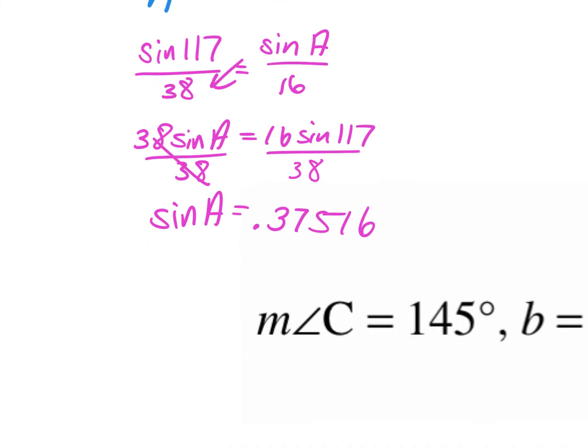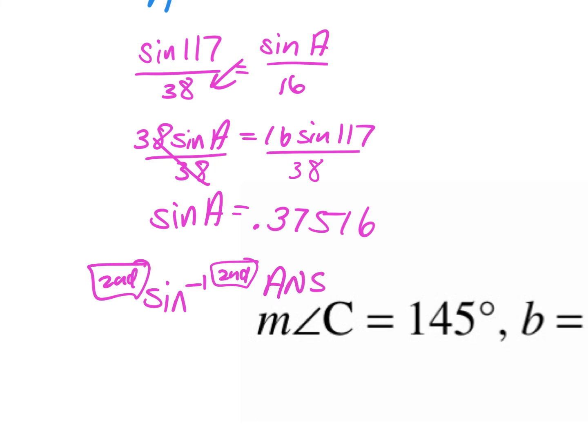In your calculator, hit the second button, and then sine. So a little sine -1 comes up. Then hit second again. Did you do it? And then the answer button. It's on the negative sign down by equals. And then hit enter. What do you get? About 22 degrees.